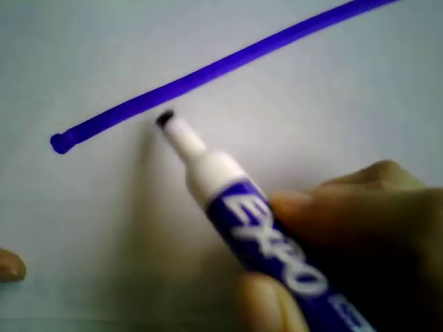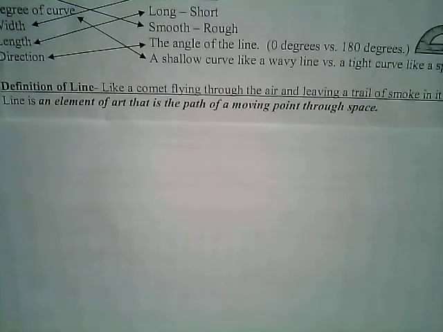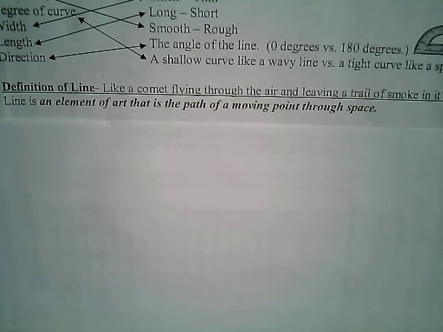So this is my point right here. And if it travels this way and it ends here, that path that it left behind, that's what creates the line, pretty much. Okay, that's what that means. So go ahead and write the definition in. So line is an element of art that is the path of a moving point through space. Yeah, it's also on the board if you want to get it from there.